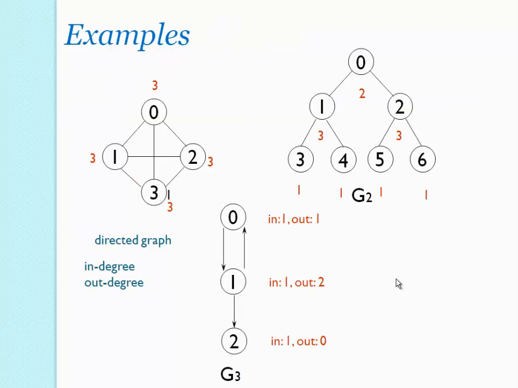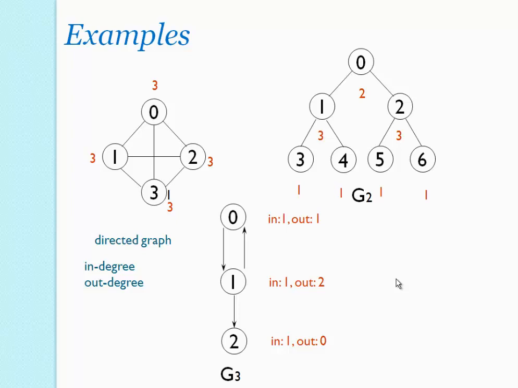Consider these examples. The first graph, which is an undirected graph, all nodes have the same degree, that is 3. Consider the second graph. It is a tree and the root node has degree 2 and the two child nodes have degree 3 and the rest of the nodes have degree 1.